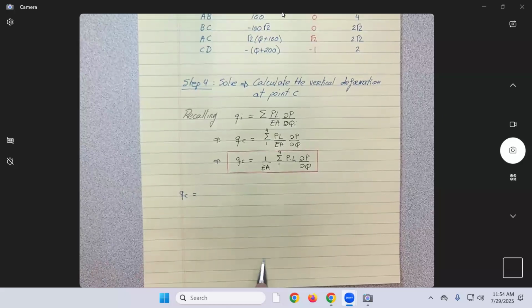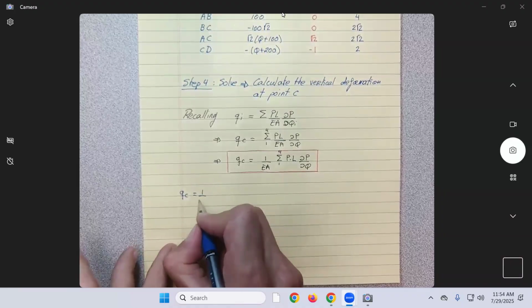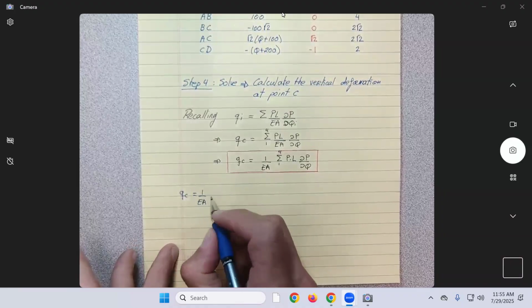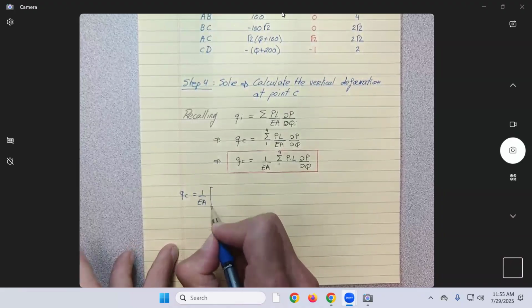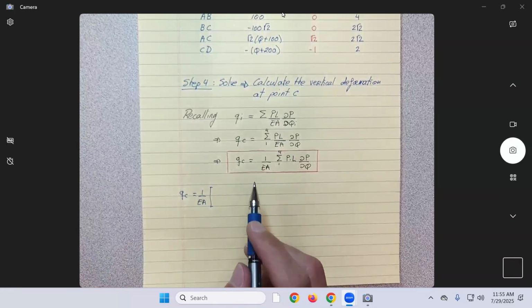Now if I do this calculation, I'm going to factor 1 over EA. I'm going to apply this part of the equation for each one of the members. So what can I have?